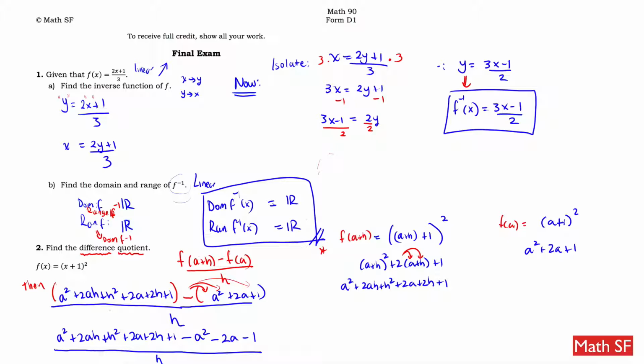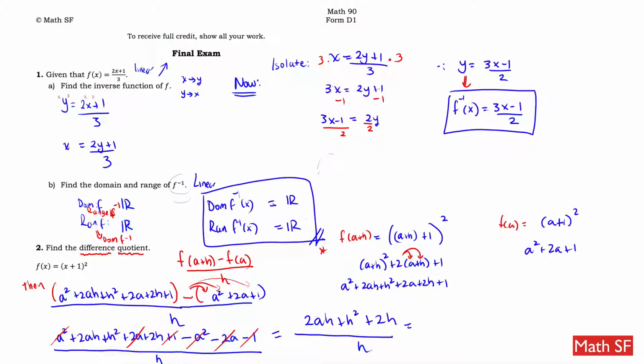Now let's see what things will go away. a squared and a squared go away. The 2a with the 2a, the negative 1 and the positive 1, and what I'm left with will be 2ah plus h squared plus 2h, all over h.